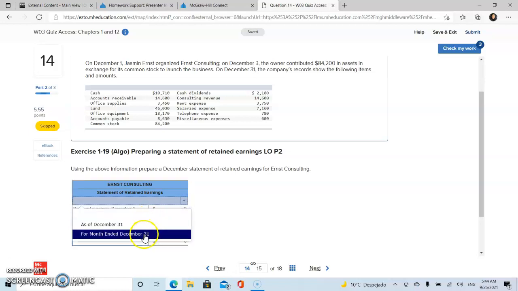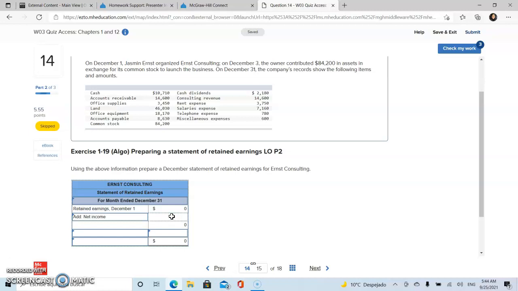So we're going to choose for the month ending in December. Then we want to put our retained earnings on December 1st. In this case, the amount will be 0 because this is the first year of business of the company, so we don't have anything.